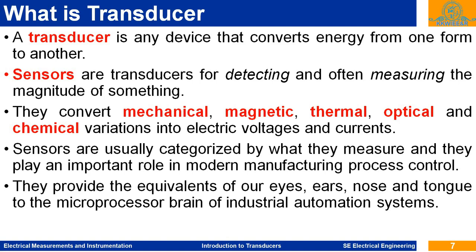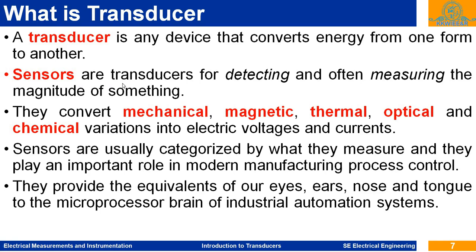These are the various physical quantities we are required to measure during industrial processes. And this pressure, speed, force or weight cannot be used directly in the electrical circuit or in the closed loop system. So we need to convert these physical quantities into electrical ones. This is the function of the transducer.